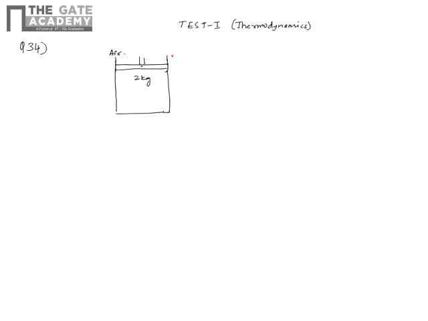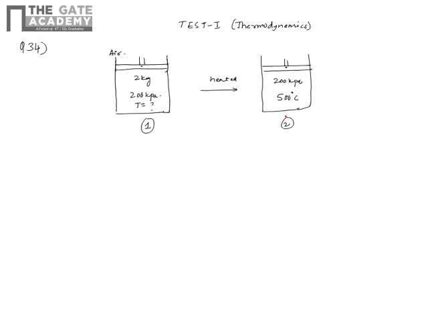It's constant pressure, 2 kg, of 200 kPa pressure. I don't know the initial temperature, and this is heated. This is state 1, and state 2, the pressure is constant, so the piston weight is all same, everything is same. So pressure is 200 kPa, volume I don't know, temperature is 500 degree Celsius. So this is state 2.